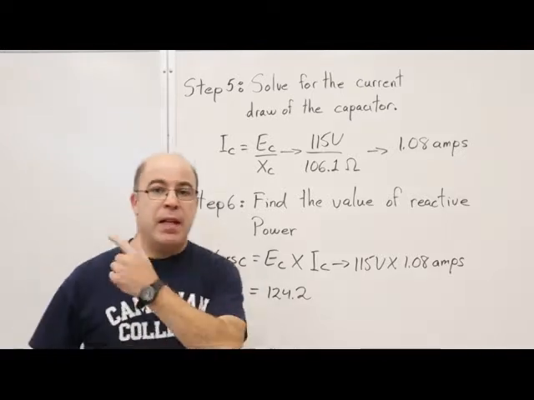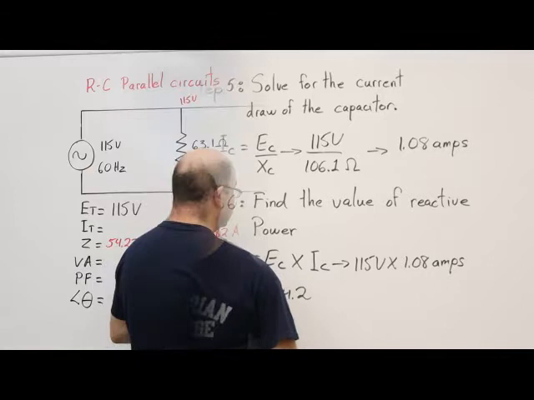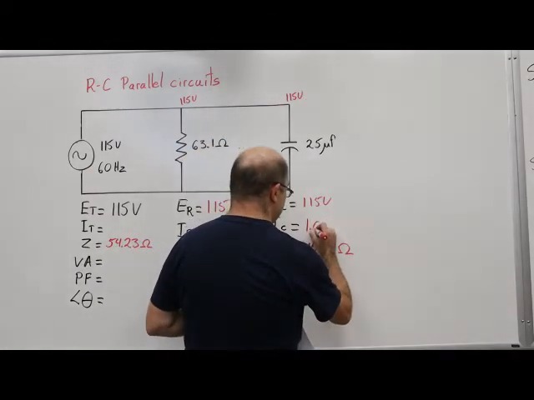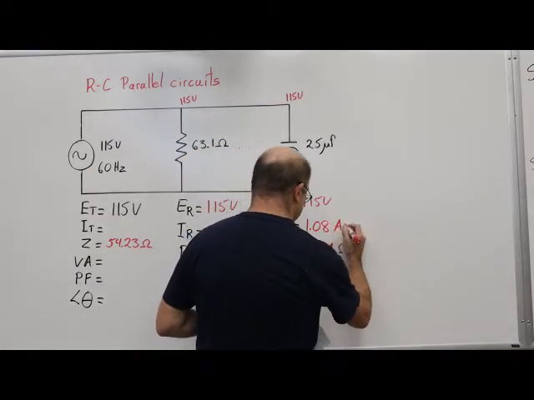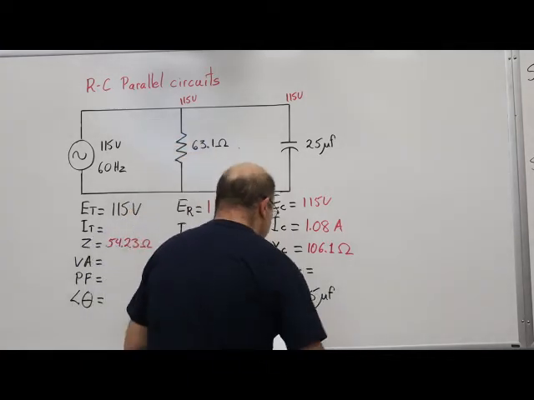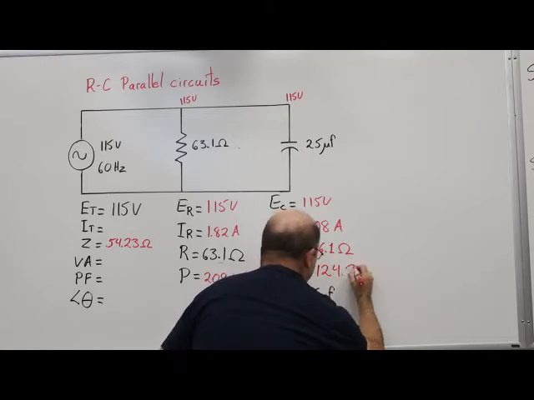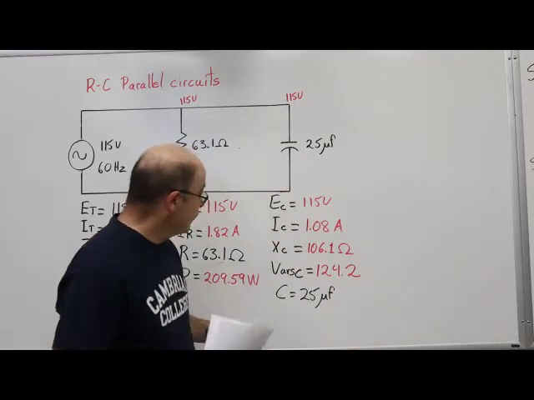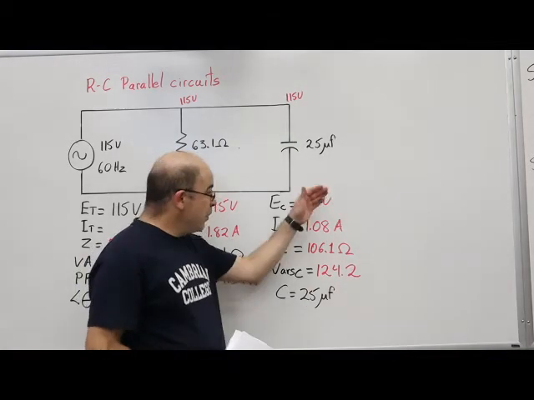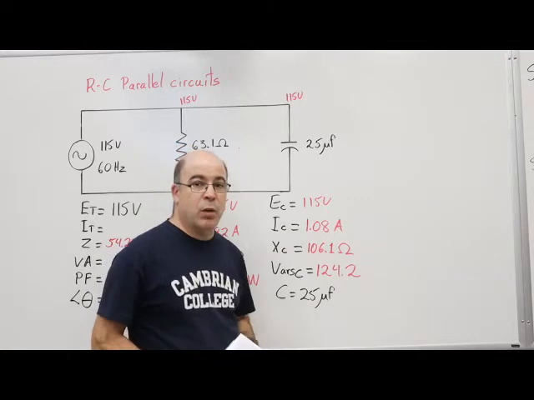So I'm going to shoot down there, record it in the chart, and we're going to just keep going. Here, I've got the remaining values filled in for our capacitive branch.